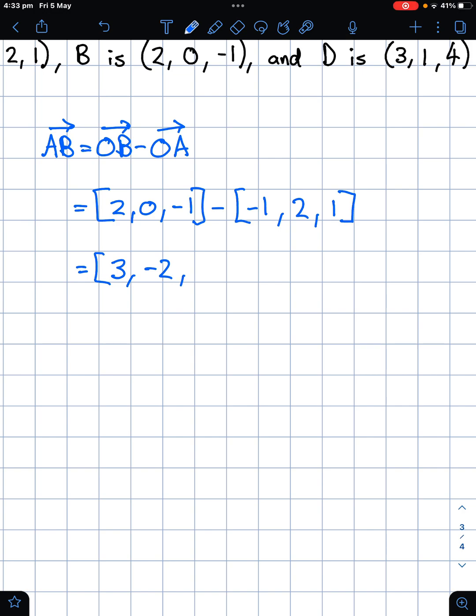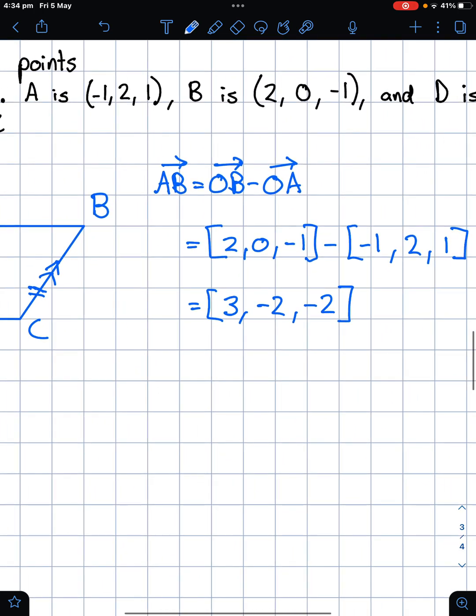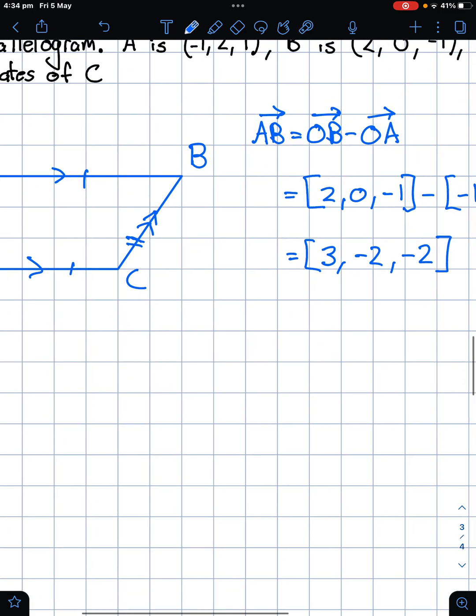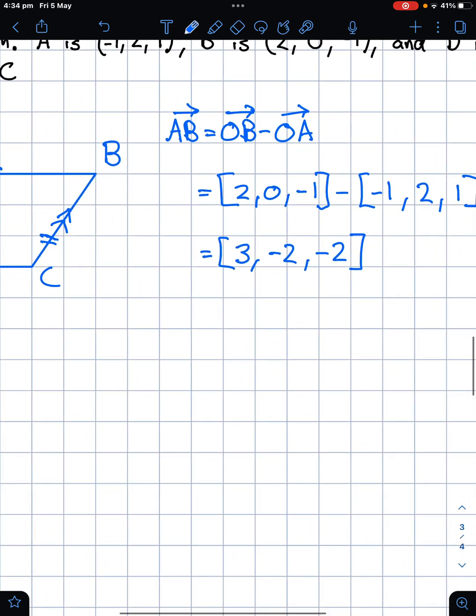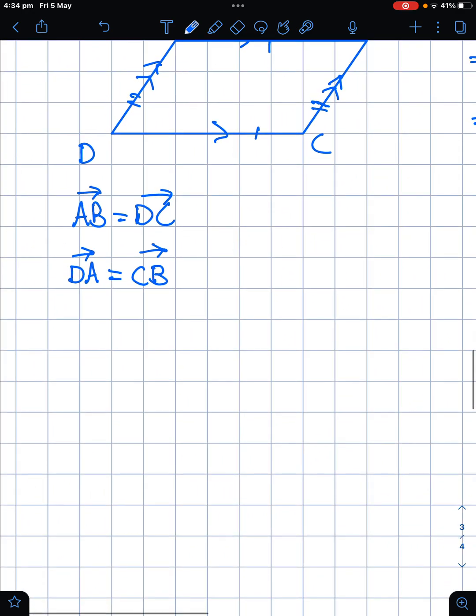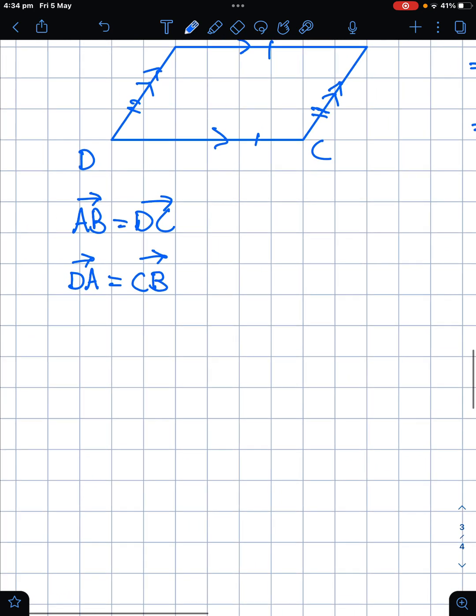And then -1 take 1 is -2. So if I go from A to B, it goes up by 3, down by 2, down by 2, perfect. So that works.